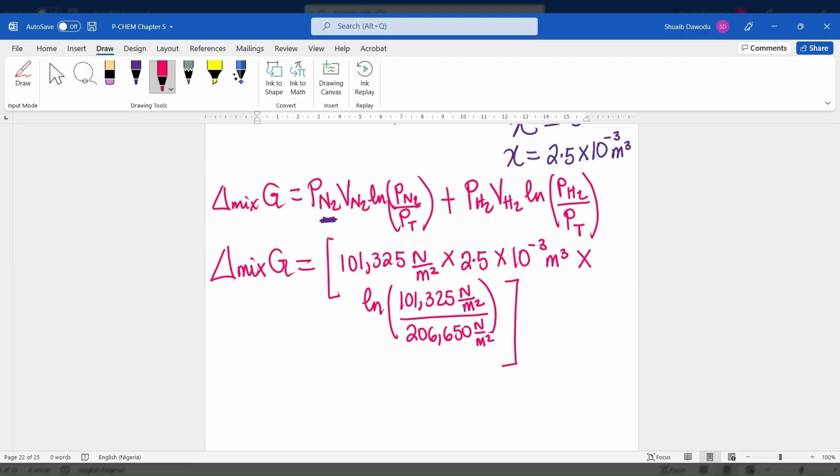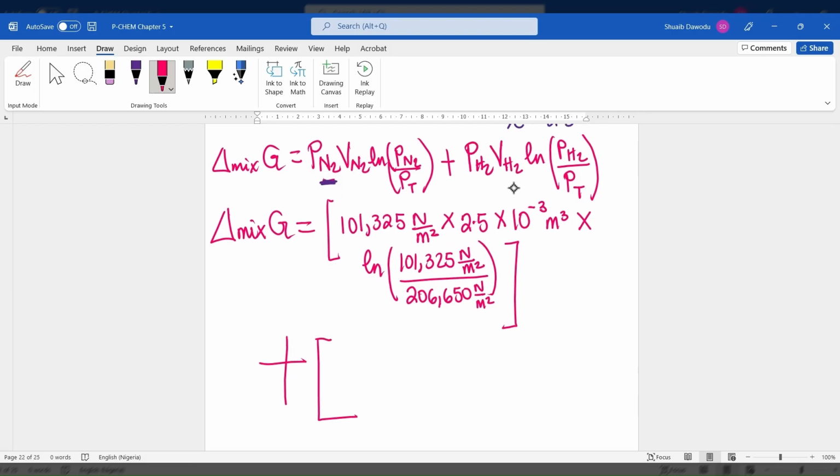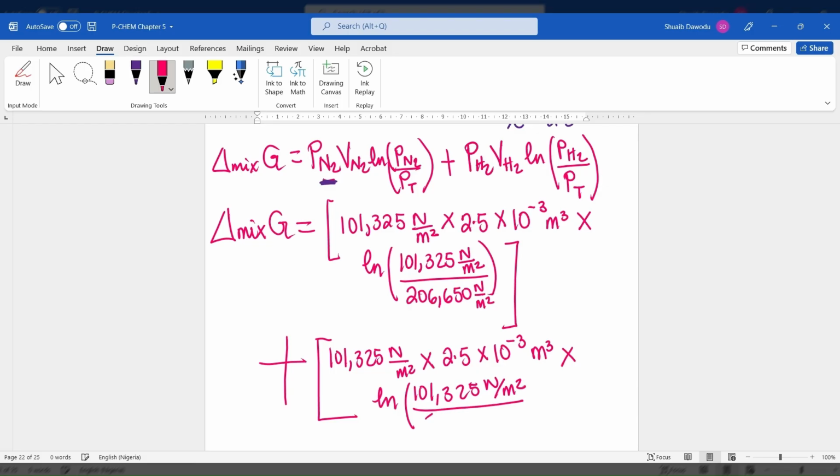We've done the one for nitrogen gas, plus now we focus on hydrogen gas, where the pressure of hydrogen gas is 101,325 Newton per meter squared, multiplied by 2.5 times 10 to the power of negative 3 meter cube, multiplied by ln of the partial pressure of hydrogen, 101,325 Newton per meter squared, divided by the total pressure we just calculated, 206,650 Newton per meter squared.